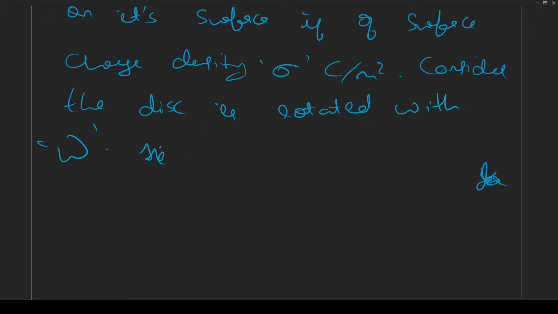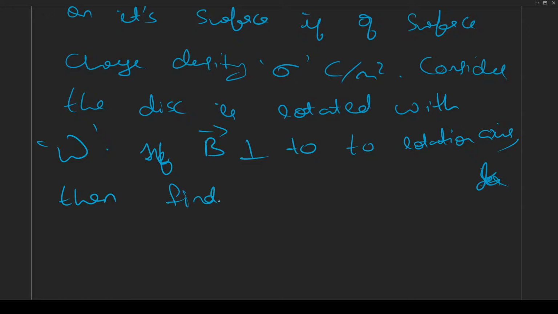If B is the magnetic field, perpendicular to the rotation axis, then find the torque acting on the disk.